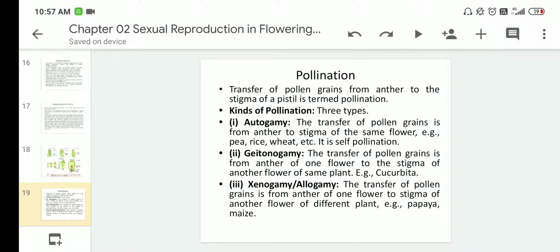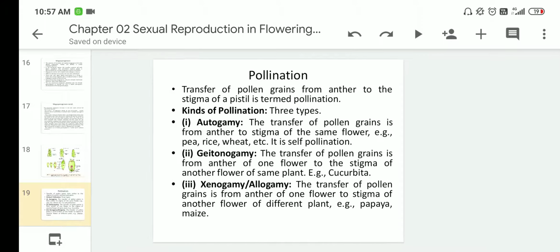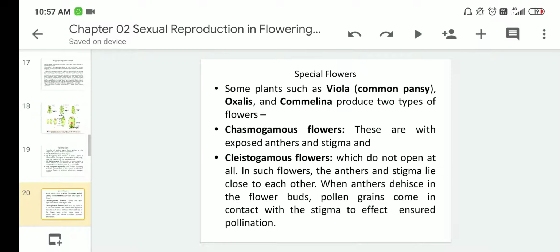For example, papaya, maize, a typical example of cross-pollination. Sometimes pollen grains from a different species may reach the stigma and the process is completed but no fertilization because the species is different.